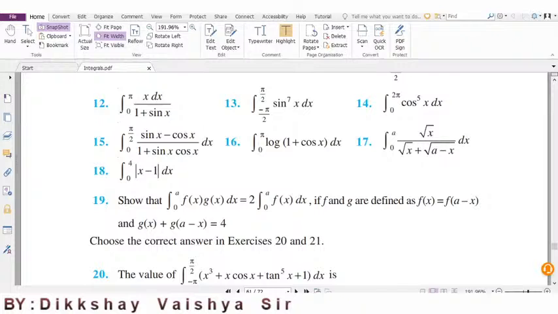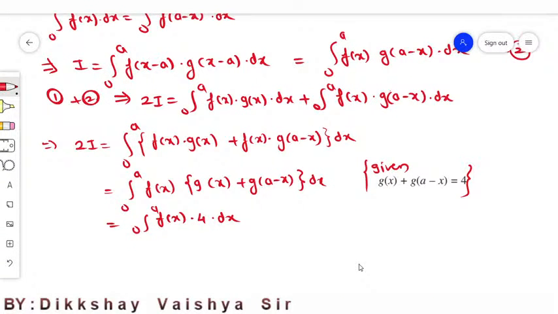Next. Okay, so that's it. Our question is almost solved. हा 2 इकडे multiply. This 4 is constant, so I can take it like that: 1 by 2 into 4, integral 0 to a f of x dx.